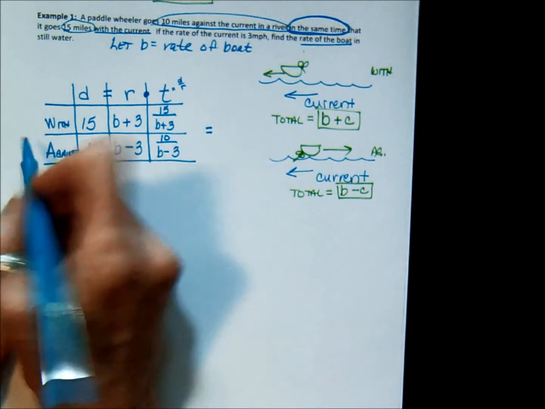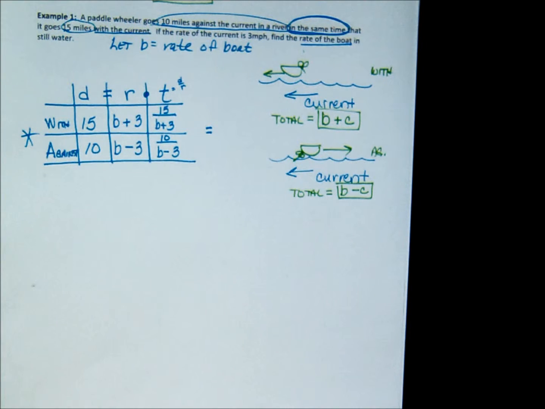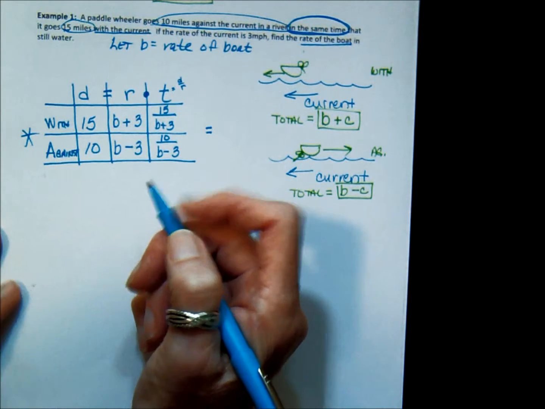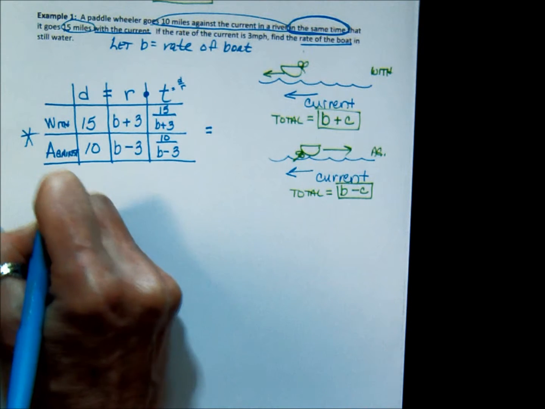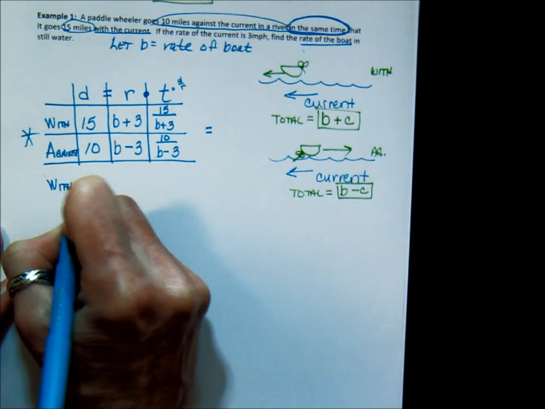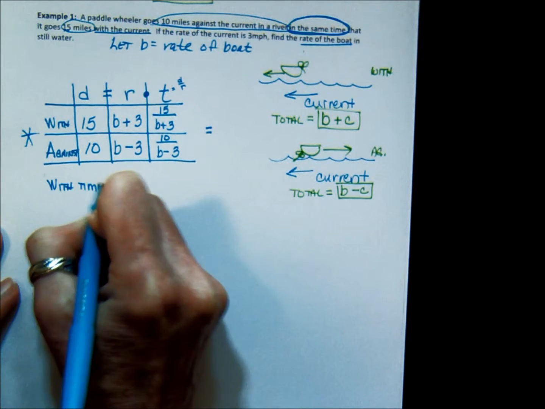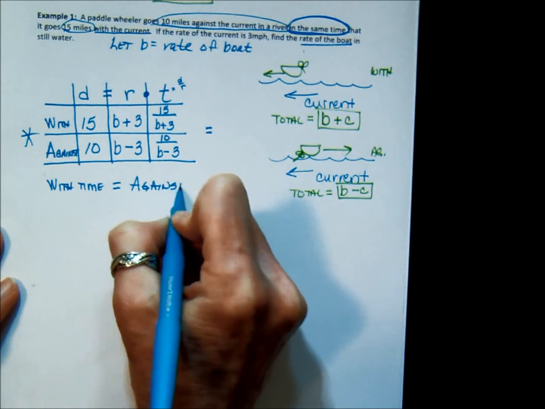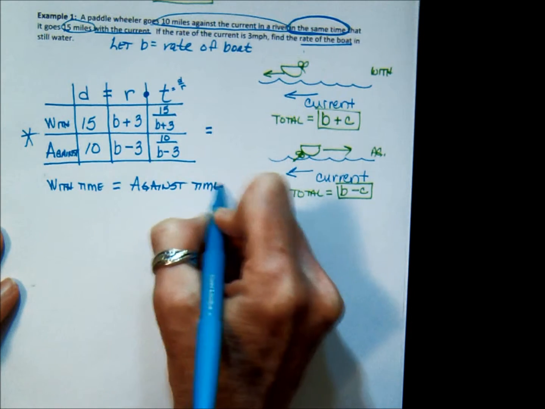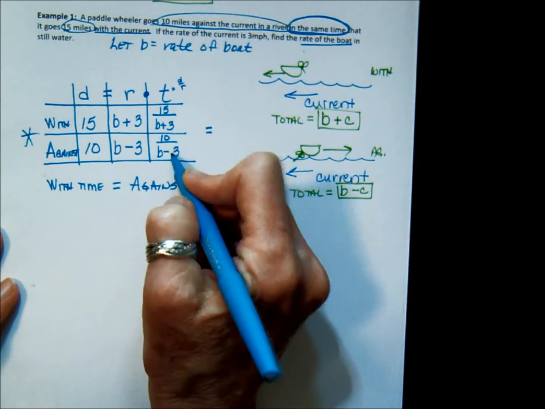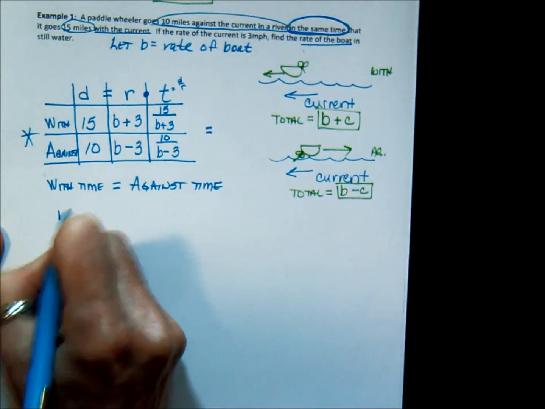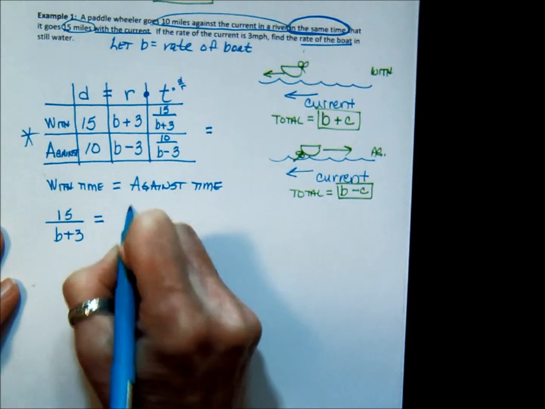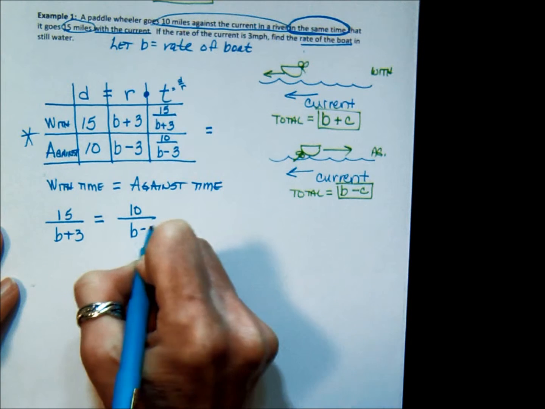So the key to this is getting this chart set up. So what we say is we know that the time with the current is equal to the time against the current. Well, I have those representations right here. So the with time is equal to the against time.